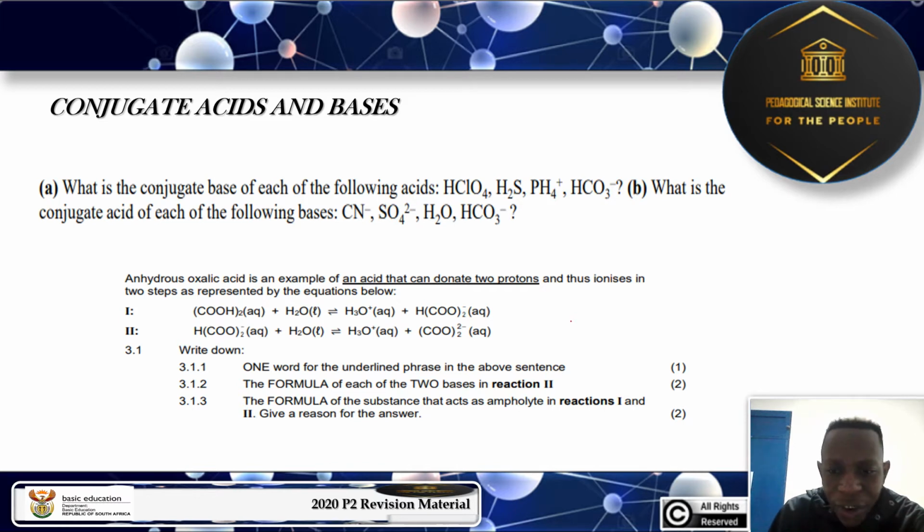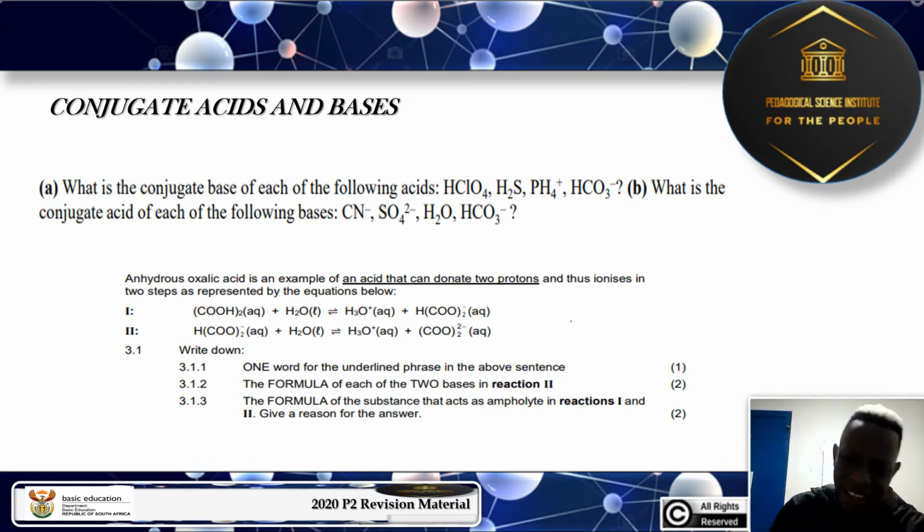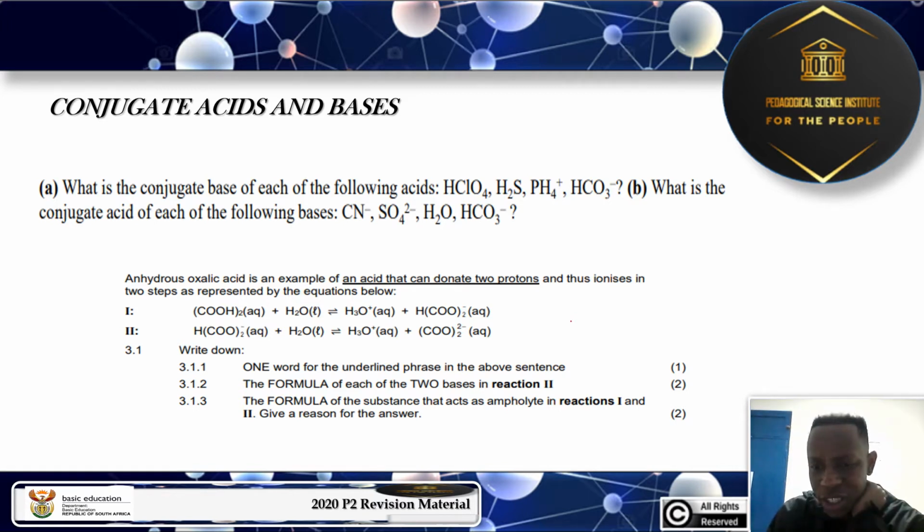On the other hand it is C2O4 2 minus. So what happened here? It had H, now the H is not here. It has lost, obviously, guys. It donated that H, because at first it had that H, but at the end the H is no longer there. So this one is an acid. We ignore that one.